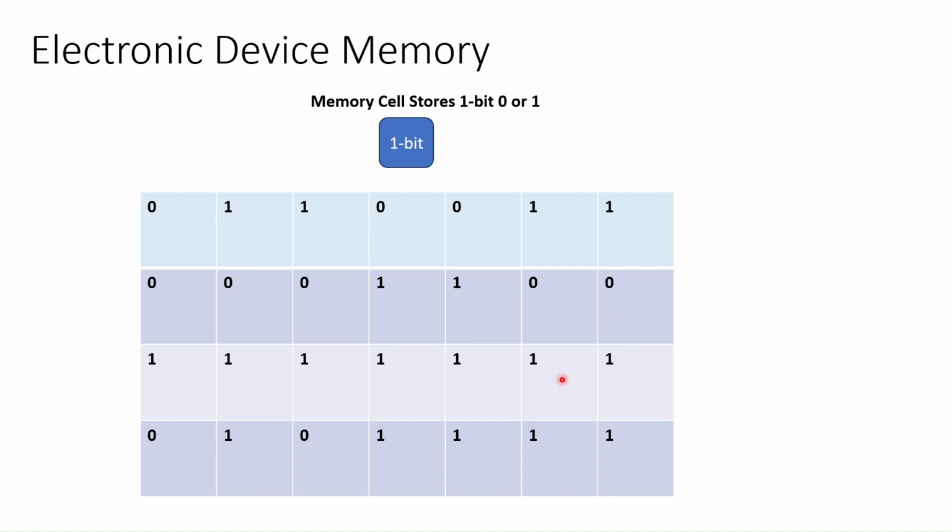It has different cells based on the size of the memory, and each cell represents either one or zero. So any type of memory, whether it is flash memory, RAM, or SD card, whatever it is, will be in this format only.